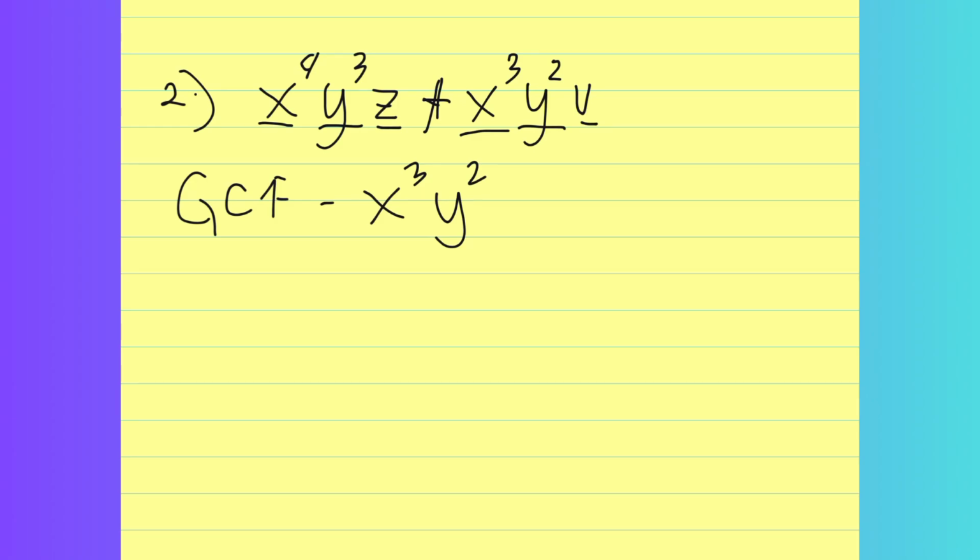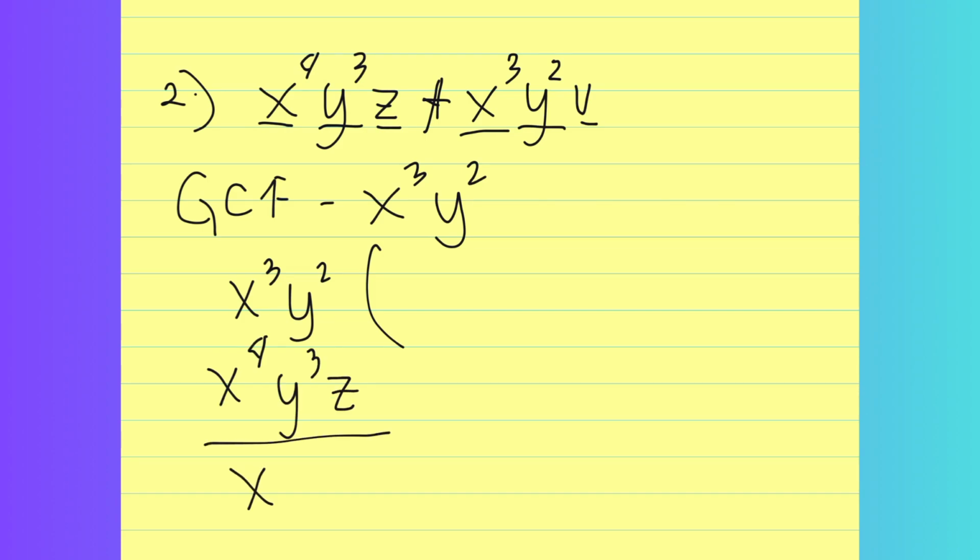Now try to factor. So x cubed y squared is our GCF. Again, divide the first term by our greatest common factor. So x raised to 4 y cubed z divided by x cubed y squared.